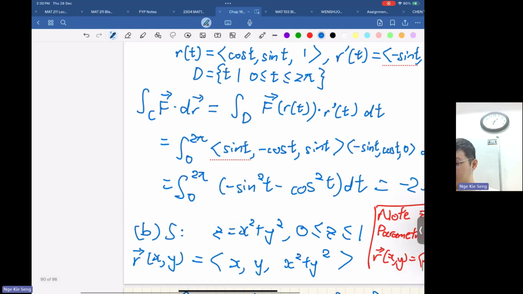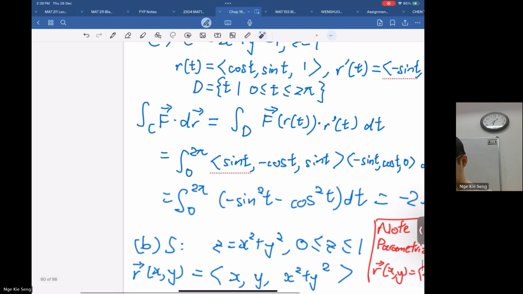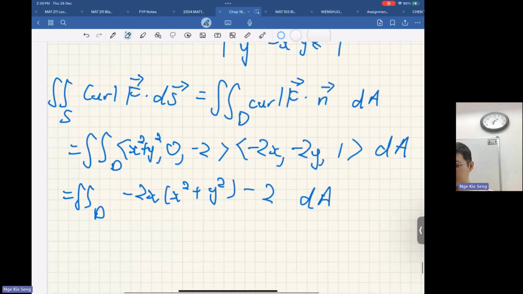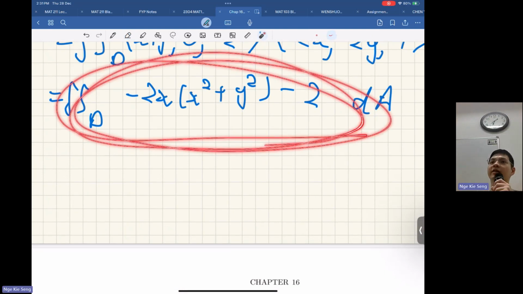So how to imagine this? You should imagine D is a disk, and the parameterized surface lifts the disk up. The curved surface is like lifting something in the flat domain into some height. You take a disk and then lift it up. Now, this is the multiple integral chapter, right?